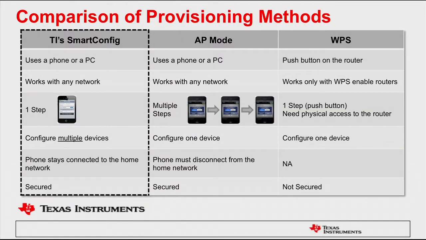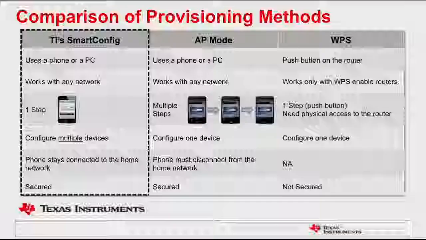I talked a little bit about how this is really a differentiated solution. So let's compare it to some of the other solutions out there in the market for Wi-Fi applications and connecting to the access point. The first one is, where can you use it? Where can you do the connection from? TI Smart Config as well as AP mode can be done from a phone or from a PC.